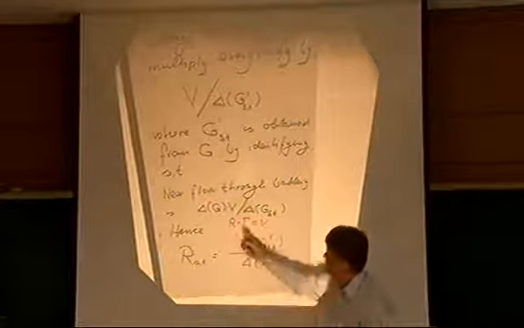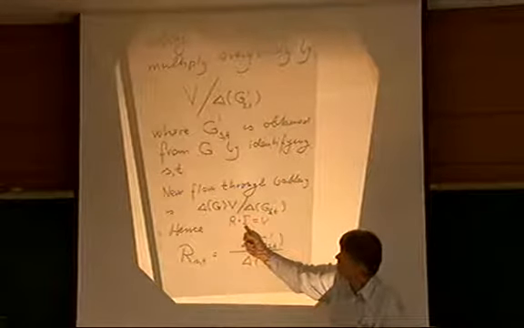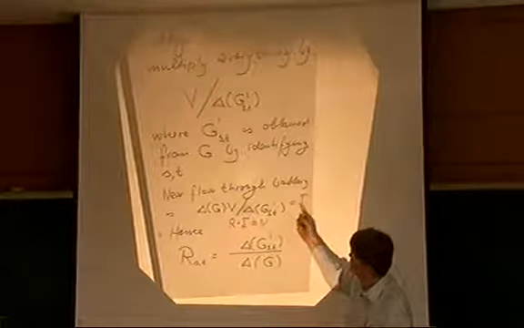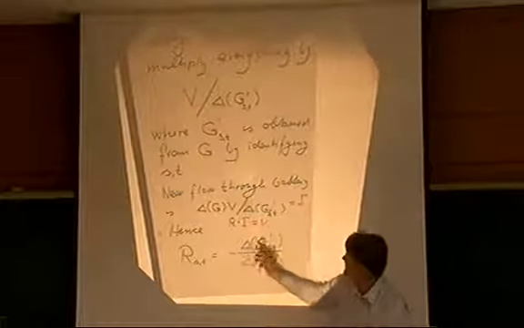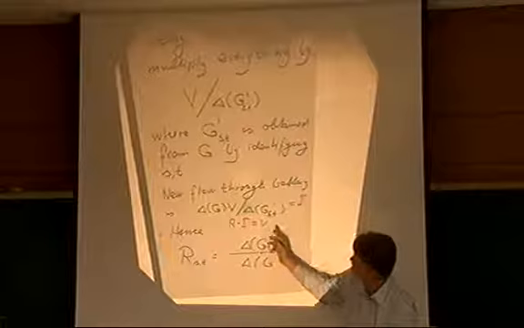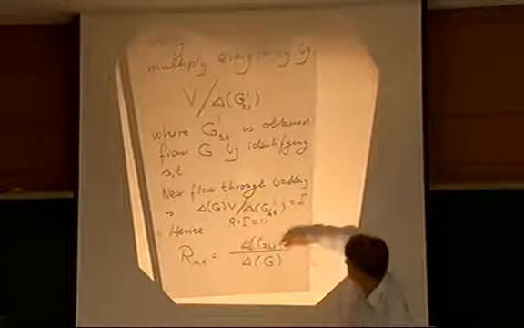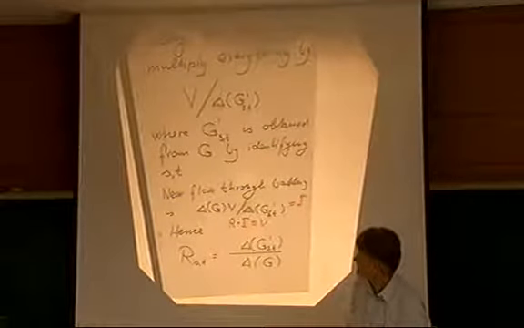The effective resistance multiplied by the current through the battery is the voltage. Here we have the current, this is I. So I is equal to this, and from this you can find out that the effective resistance is this number divided by that number.